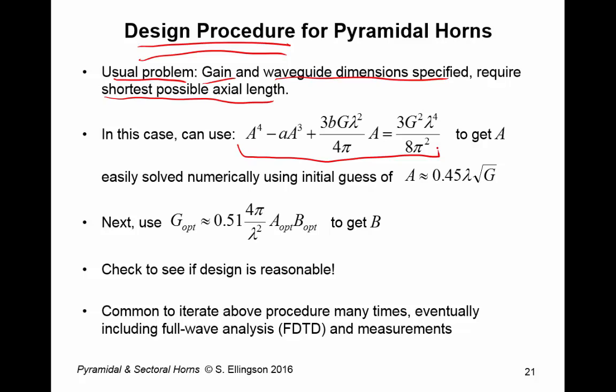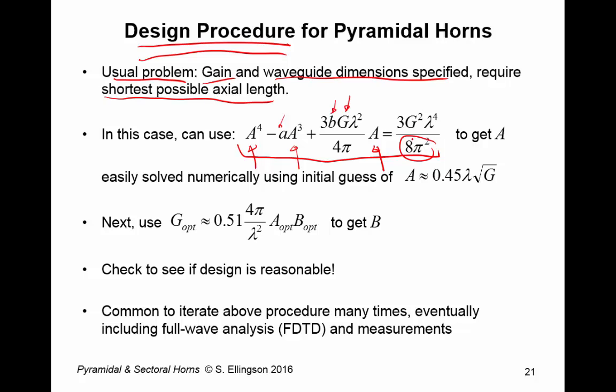It's a fourth power polynomial in the dimension of the large aperture, big A. So you see here, big A to the fourth, big A cubed, and then big A, and then other factors related to the waveguide dimensions, the gain that we achieve. Now this is an ugly looking expression. We would like to solve it for big A.